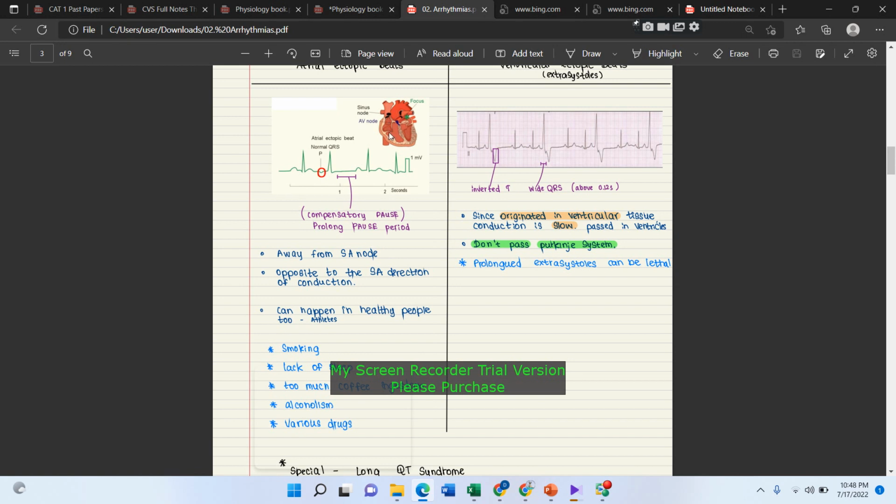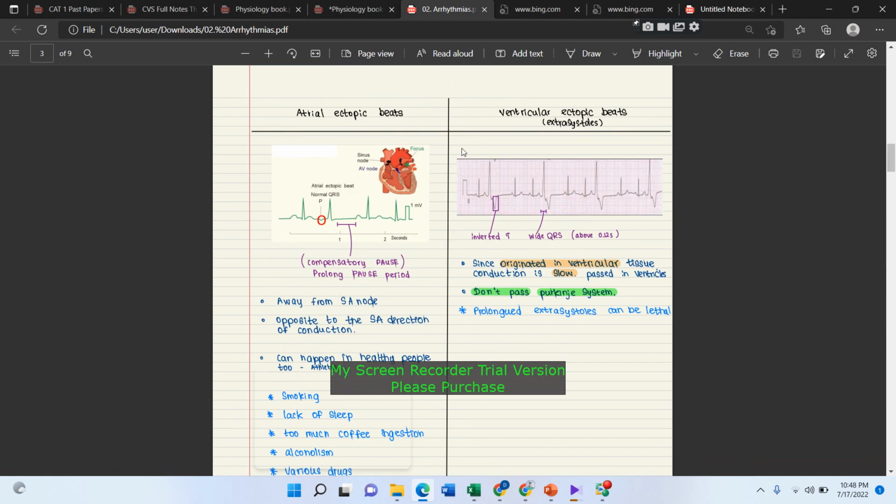The P wave usually resembles the firing of the SA node, so when the direction is opposite, the P wave is inverted in the ECG.